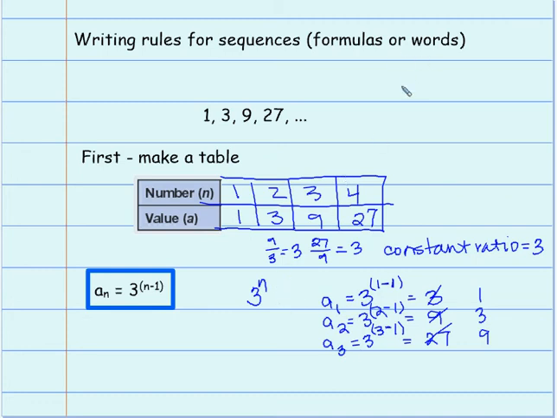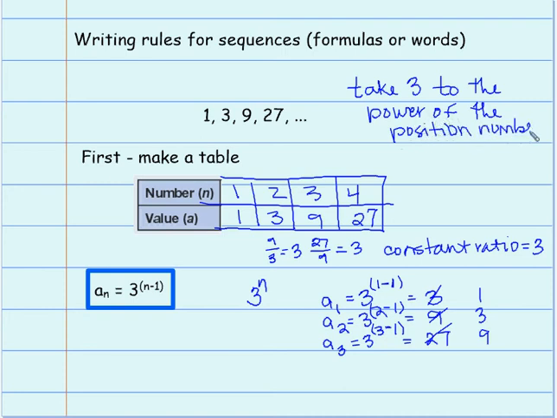So if I were to use this to write this sequence out in words, I would say we are going to take 3 to the power of the position number minus 1.